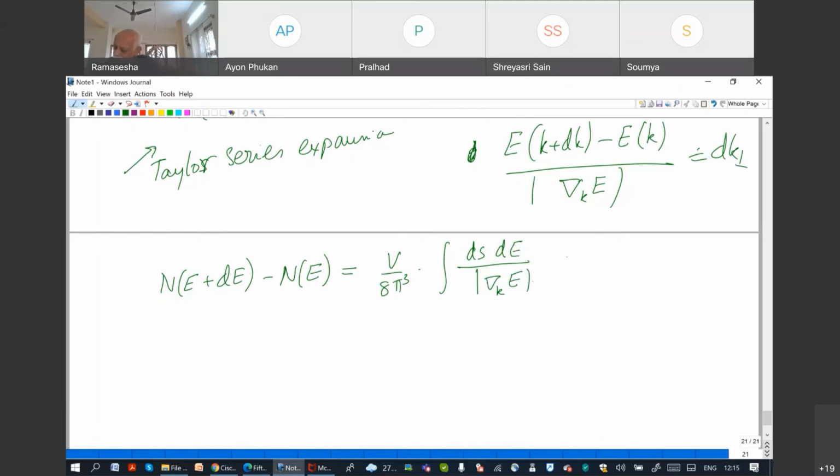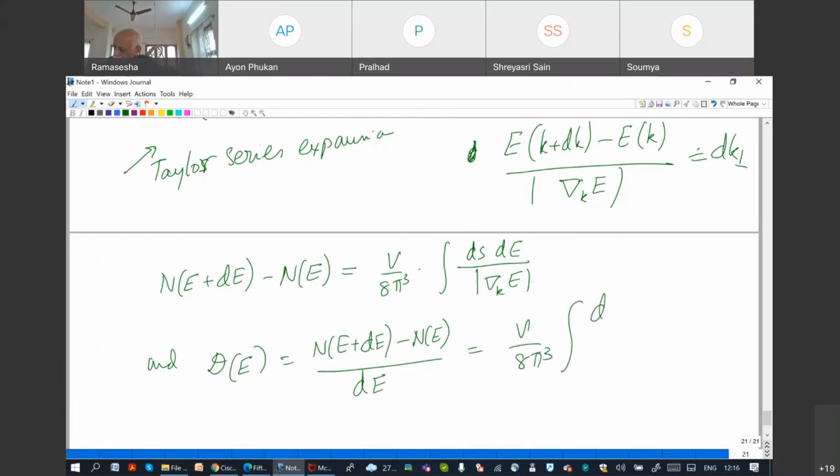And D of E is equal to N of E plus dE minus N of E divided by dE, which is V by 8 pi cubed integral dS by grad kE. This is an expression that is used for density of states in almost all of solid state physics.